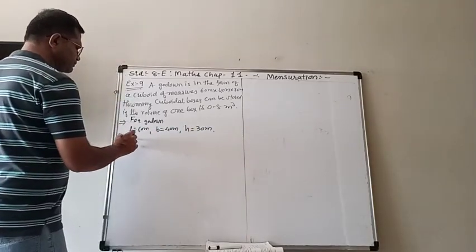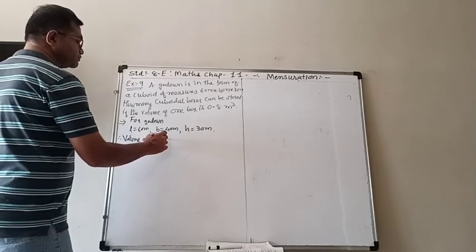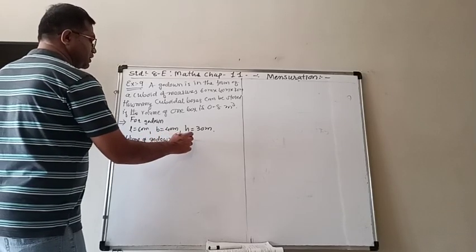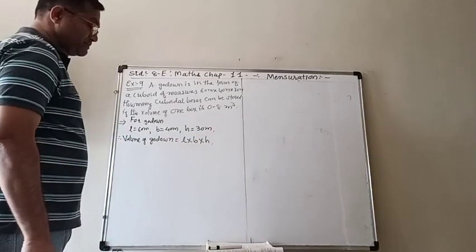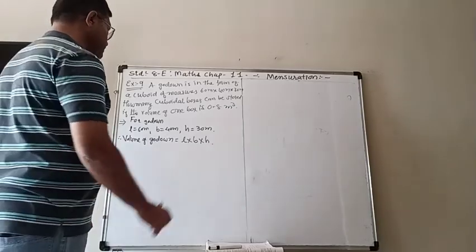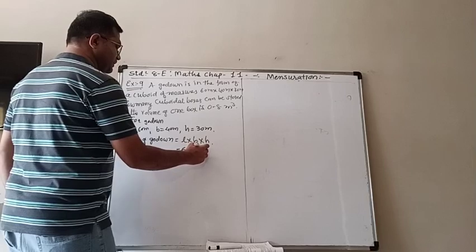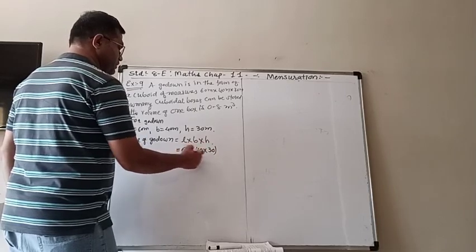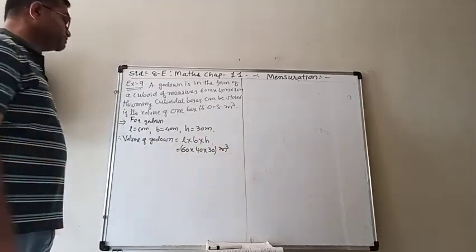Therefore, volume of godown is equal to L multiplied by B multiplied by H. That is 60 multiplied by 40 multiplied by 30 meter cube.